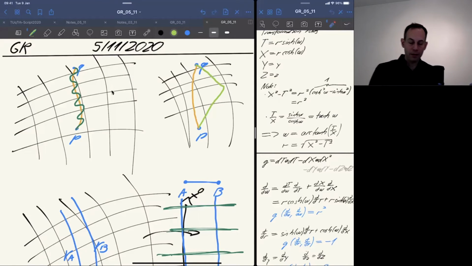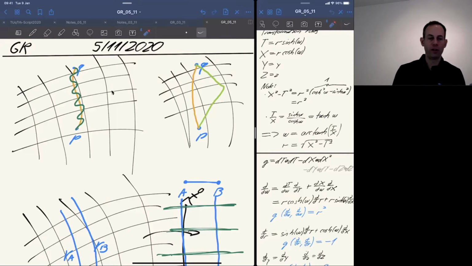Now, from this diagram, even if I made the drawing very precise, you would not be able to see at all which of these two observers experiences a shorter time. There is just not enough information. The only thing you can say is that in general, the length of a curve determines the time, and different curves don't have the same length.